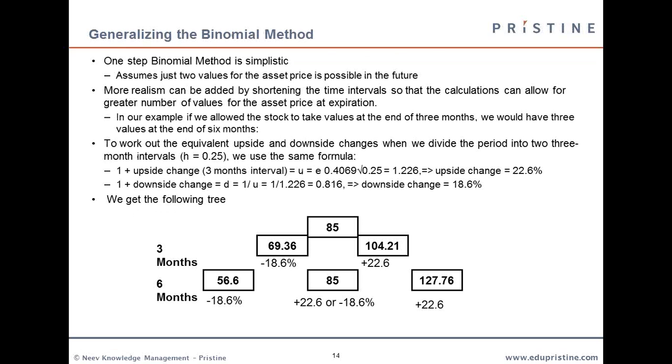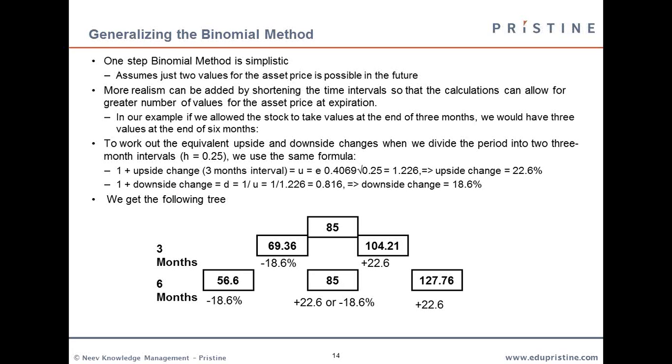So let's proceed to generalize the binomial method. Till now we have discussed only the one-step binomial method, wherein we assume after some time duration we have only two values that the stock can take. To make it more realistic, we can include more time durations.